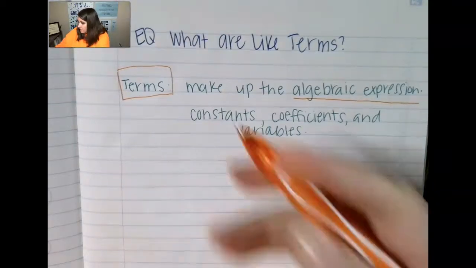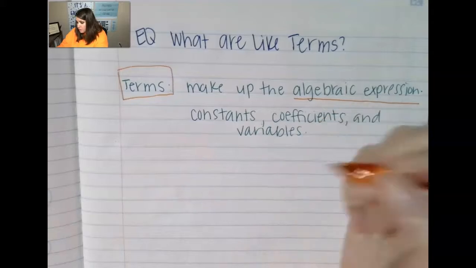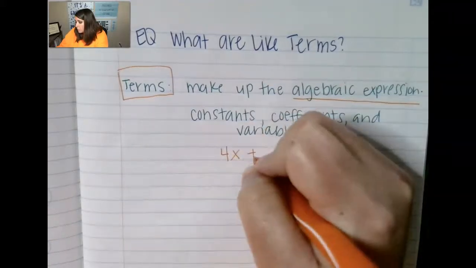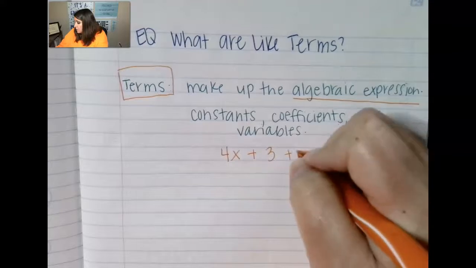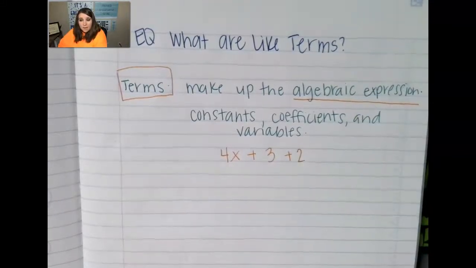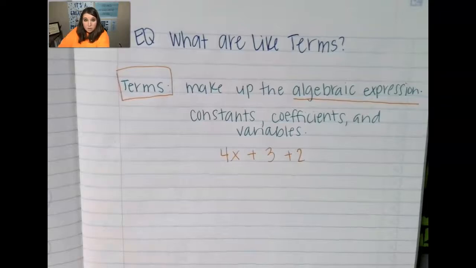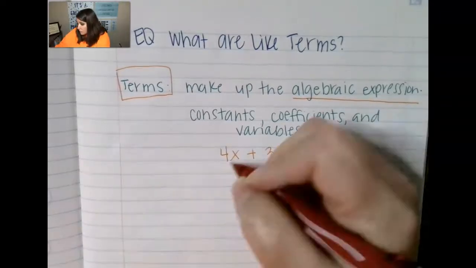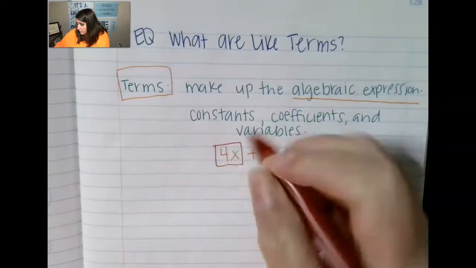let's go ahead and write an algebraic expression. So an algebraic expression would be something like 4x plus 3 plus 2. Okay? The parts that make up the algebraic expression are each of these things. We have a coefficient.